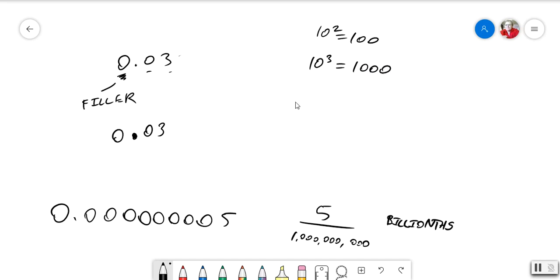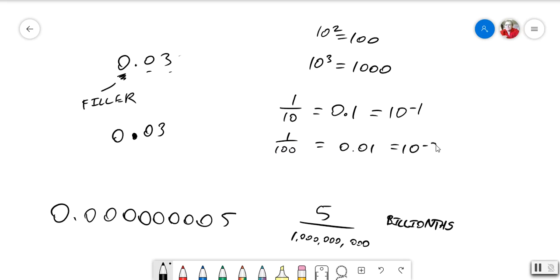Let's do it the other way. 1 over 10 as a decimal is 0.1. That is 10 to the negative 1. So not counting your filler zero, you actually have one place to the right of the decimal. There are no zeros. 1 over 100 is tenths, hundredths.